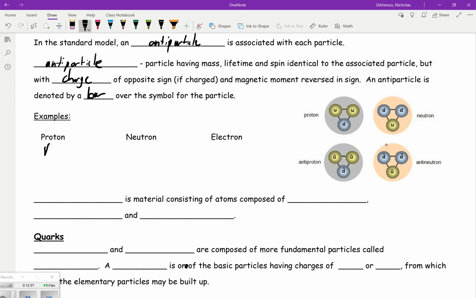We know that a proton is represented by the letter P, and the antimatter form is represented by P with a bar over it. Now the antimatter form here, the P with the bar over, actually has a charge of -1 compared to the proton, which has a charge of +1. And the masses are equal.